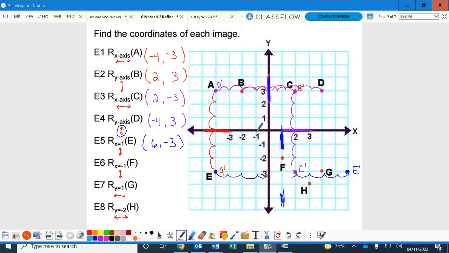Here is a vertical line at -1. It is only 2 blocks away from that line. So I'm going to go 2 blocks away on this side, and here is my new point. That's F prime. And that is going to be at what ordered pair right there, guys? Negative 3, negative 2. -3, -2. Perfect.